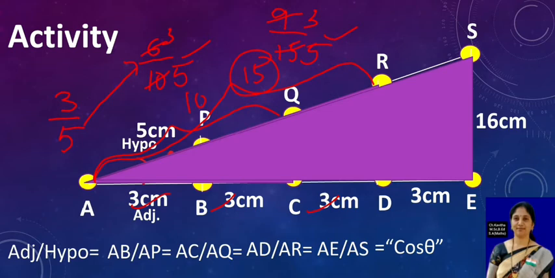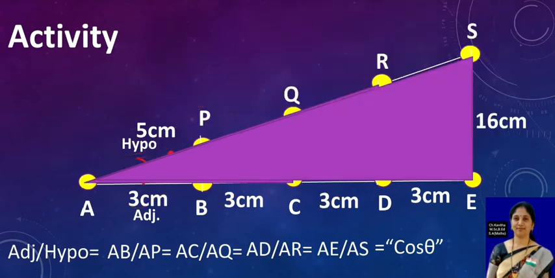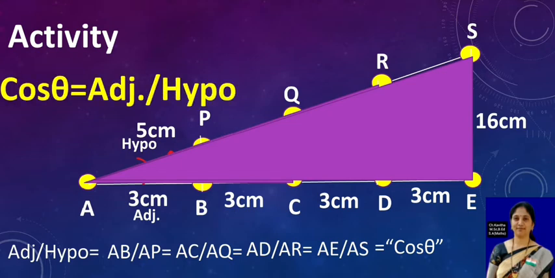So shortly we can call it cos theta. So cos theta is nothing but adjacent side by hypotenuse. If you want to write cos A, that is cosine A, then we can write adjacent side of angle A by hypotenuse. Okay, so this is the second trigonometric ratio.